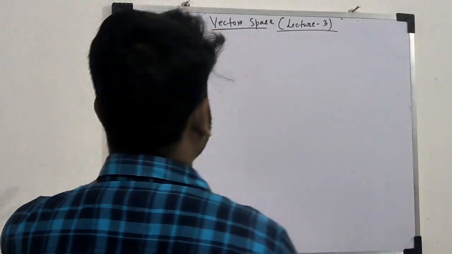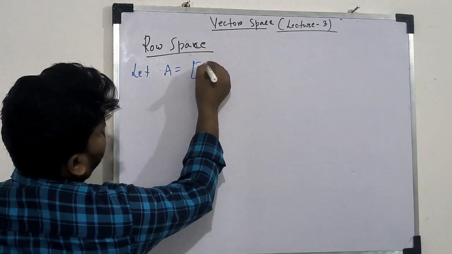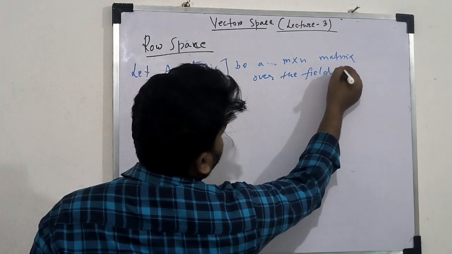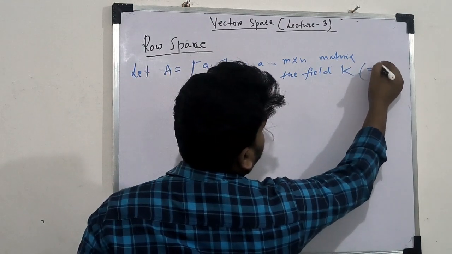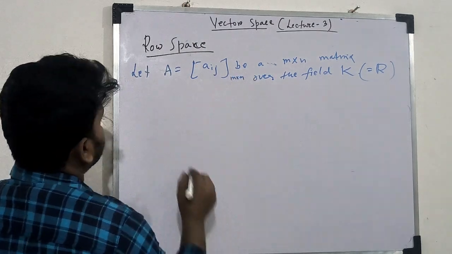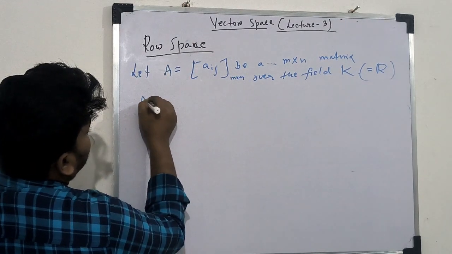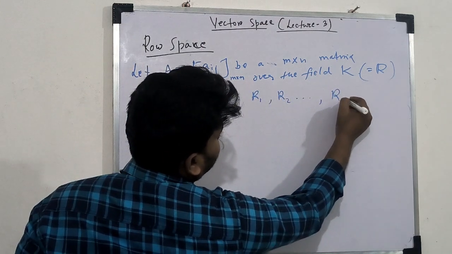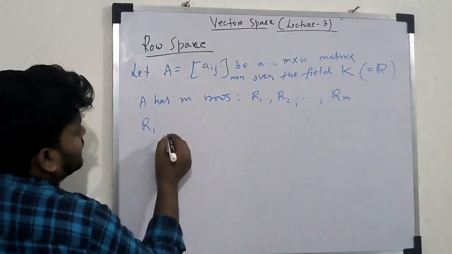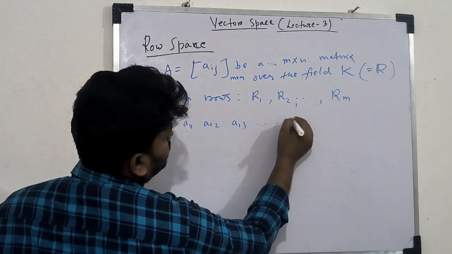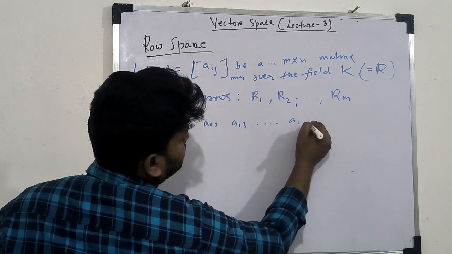Now we discuss row space. So for that, let A be an m by n matrix over the field K. You can take K as the set of real numbers. Okay. So this has m rows and n columns. So A has m rows R1, R2, ..., Rm. R1 can be written as A11, A12, A13, ..., A1n.